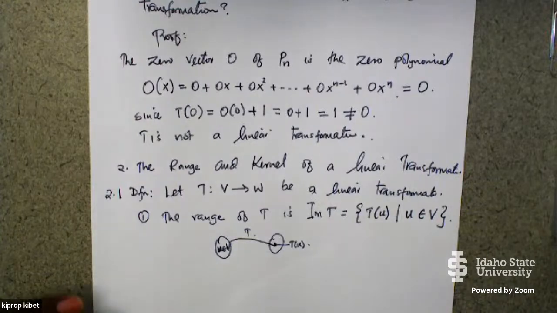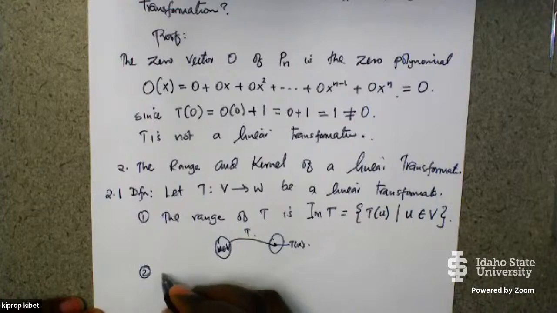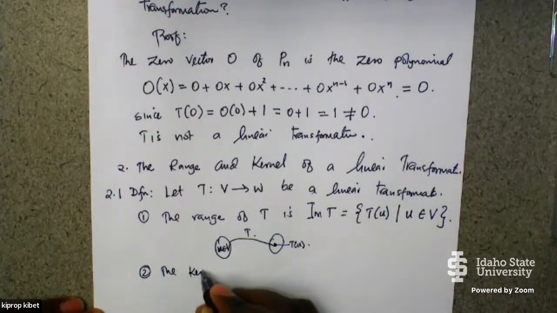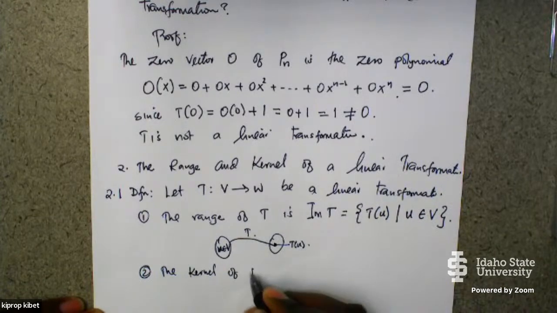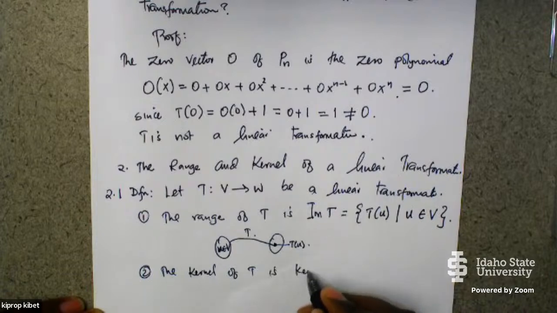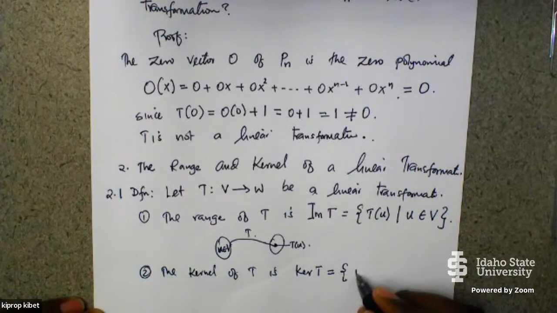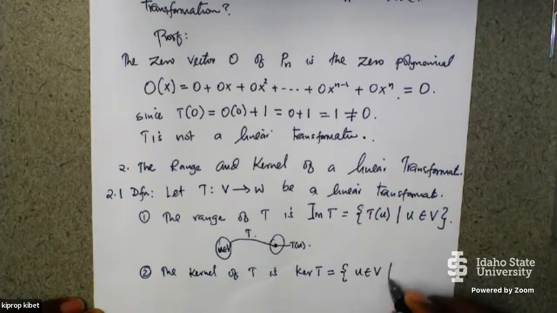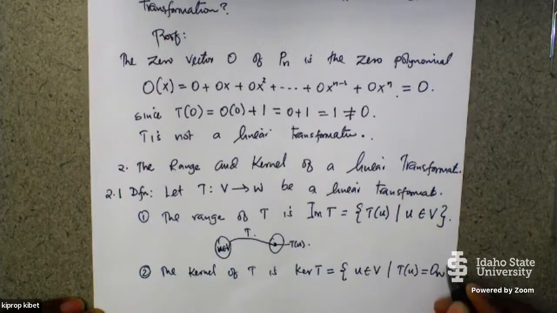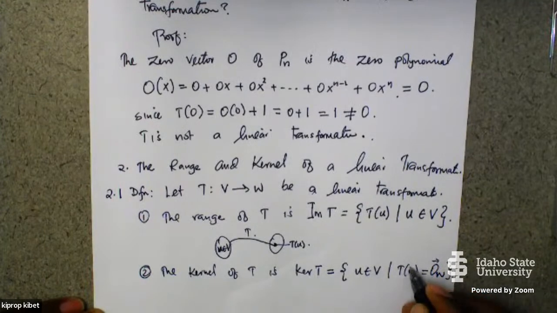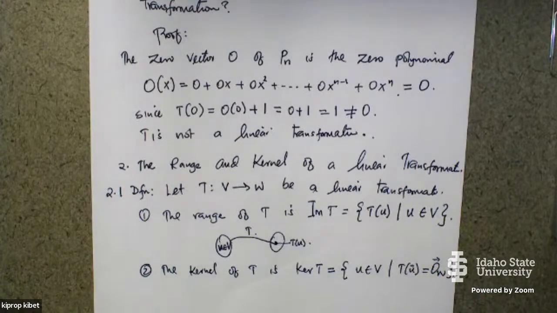Then number 2, the kernel of T is the ker of T, which is equal to the set of U, which is an element of V, such that T of U is equal to 0.